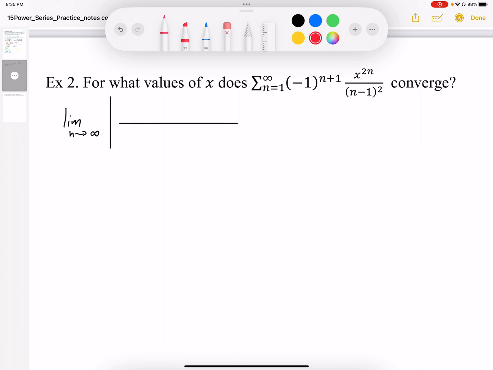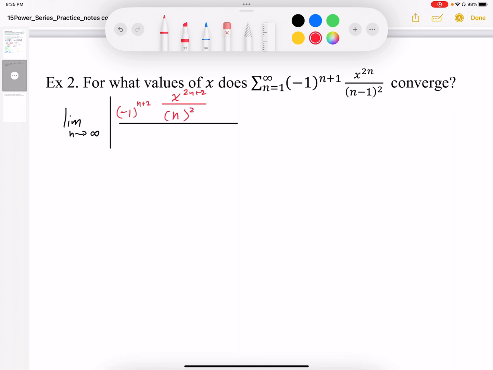So our n plus 1 is going to be -1 to the power n plus 2, x to the power 2n plus 2, and in the denominator we end up with n plus 1 minus 1, which just gives us n squared.